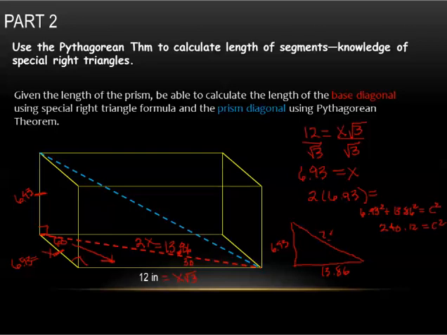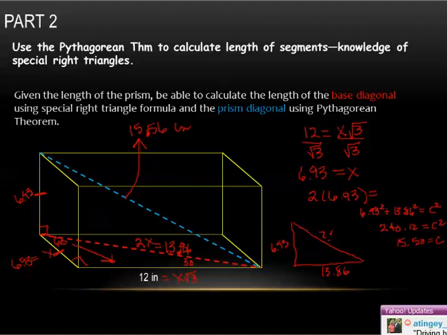240.12 equals c squared. So now I'm going to find the square root of that. So I get 15.50 equals c. So this blue dashed line is going to be 15.56 inches. 0, not a 6.